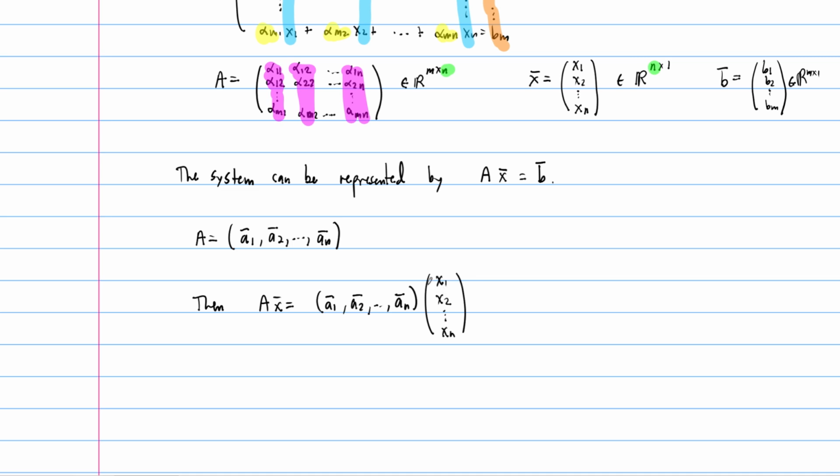These are column vectors, but you can multiply a column vector by a real number, and usually we just switch the order of it, right? But you multiply this through, you're going to get x1 times column A1 plus x2 times column A2 all the way through xn times column A sub n.